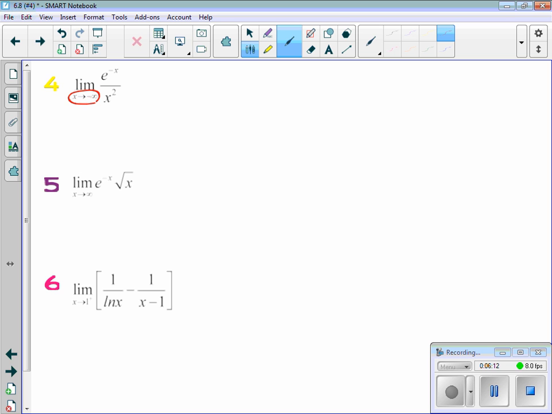So if we have 2.7 something to the x power, that's an exponential growth function. So what's that graph going to do? What's the y value going to do? Yeah, so it's just going to go to infinity, right? And the denominator, negative infinity, when I square it, it turns into infinity. So therefore, we got our L'Hopital's.